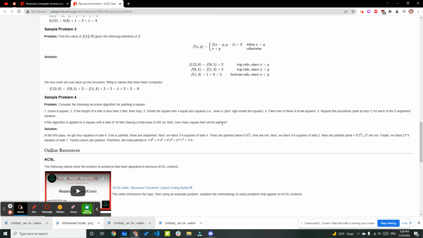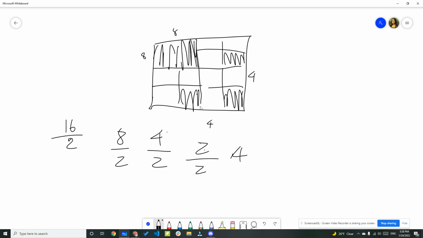So you have to check. The first time you fill it, you will have 64 feet. And then when you do it again, you add it up. So these are 4 by 4 each.